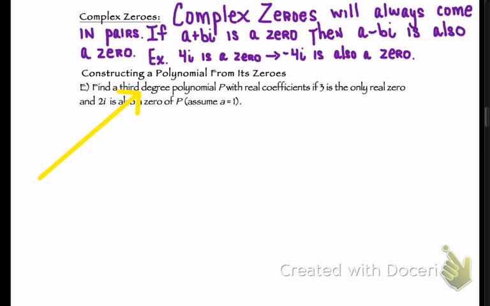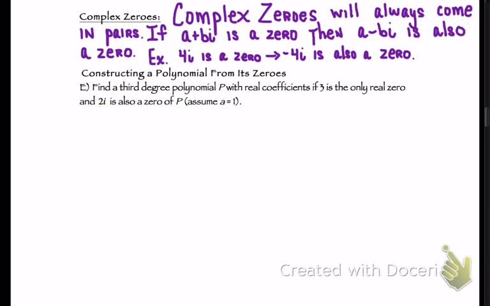So if it's x cubed, I know something before I even start. I know that there better be 3 zeros. So x cubed, third degree, that means there has to be 3 zeros. So if I think about it, it tells me that 3 is the only real 0, and 2i is also a 0.